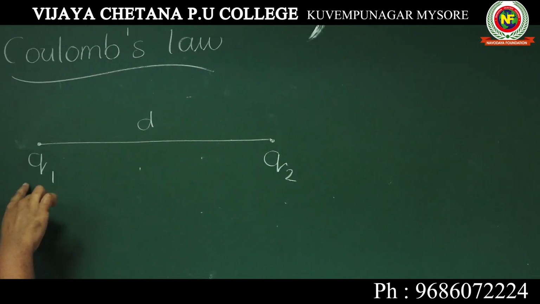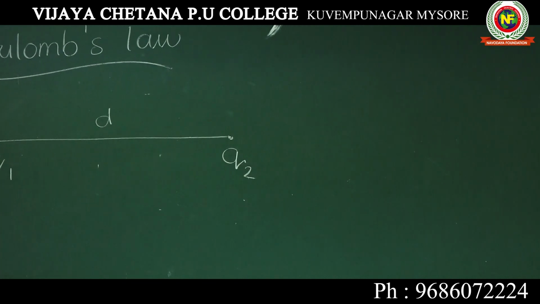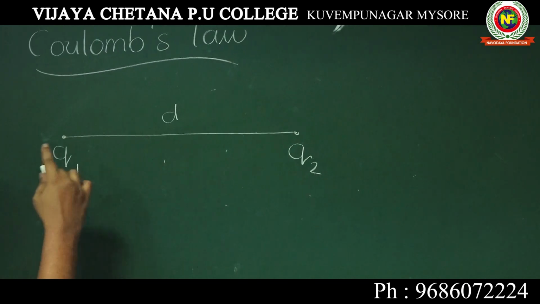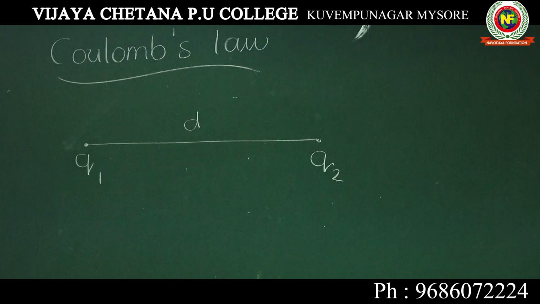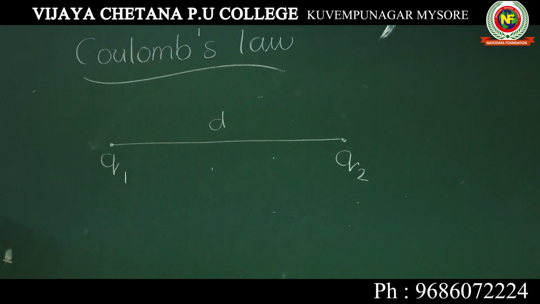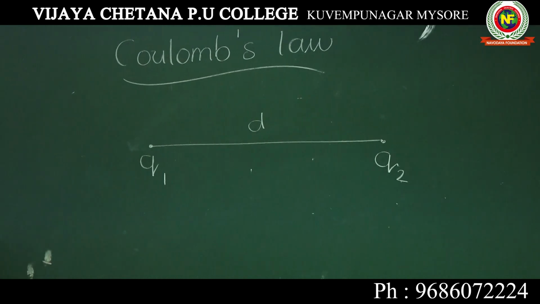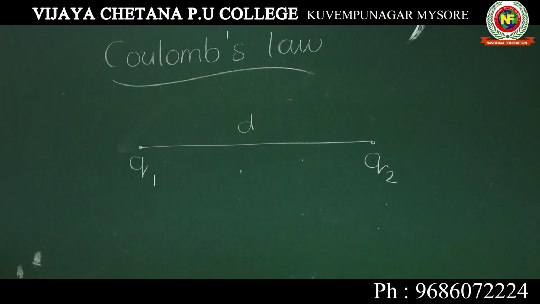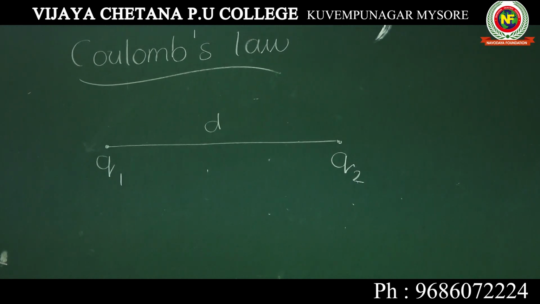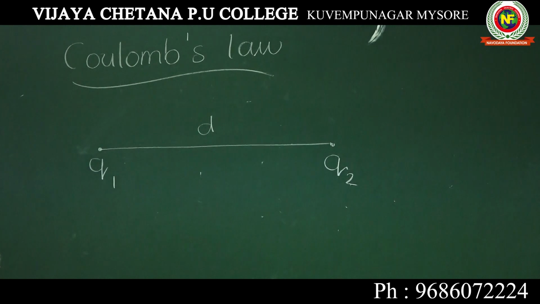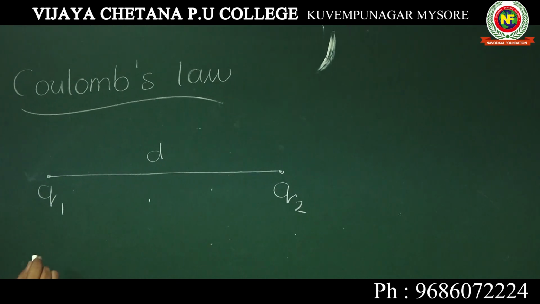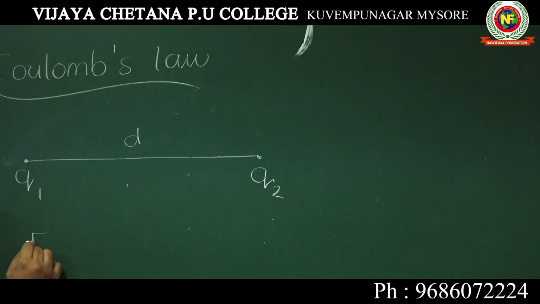If one is positive and the other is negative, they attract each other. If both are negative, then also they repel each other. Therefore, in between the two charges, based on the nature, we can have either a force of attraction or a force of repulsion.